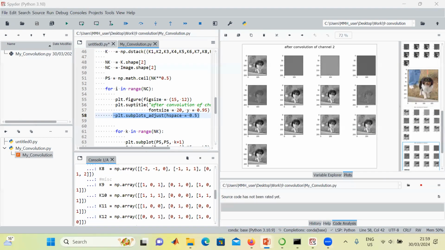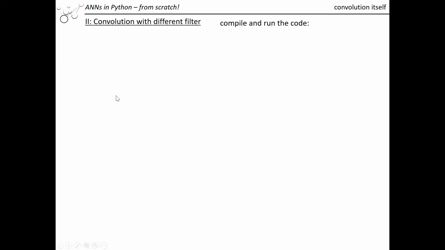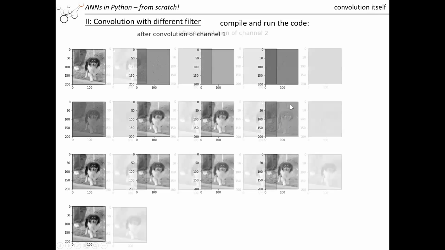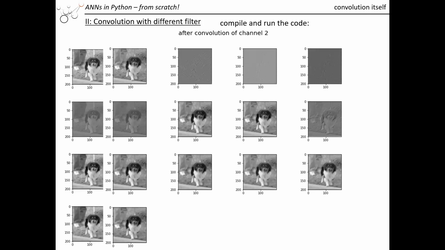So then we have our code that creates those images. So that's the first color channel, which is red usually. Then you have those different results, and you can tell, right? So here, for example, the edges are highlighted as well. Then you have these different color channels. So this is for the second color channel.